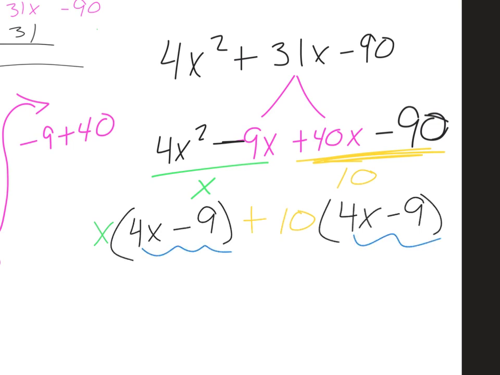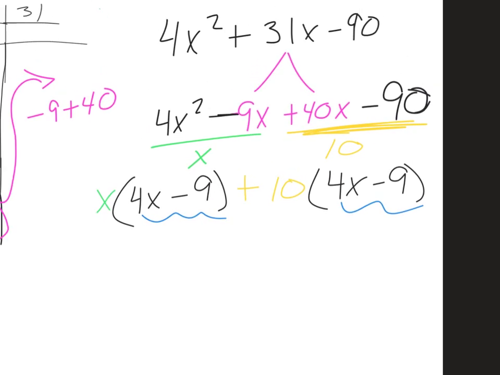Okay, so what are we going to do? Wait, is that it? Well, we still got to do one last step. We got to factor out that common binomial. And then the x plus 10 that you got from the last step goes inside of there.